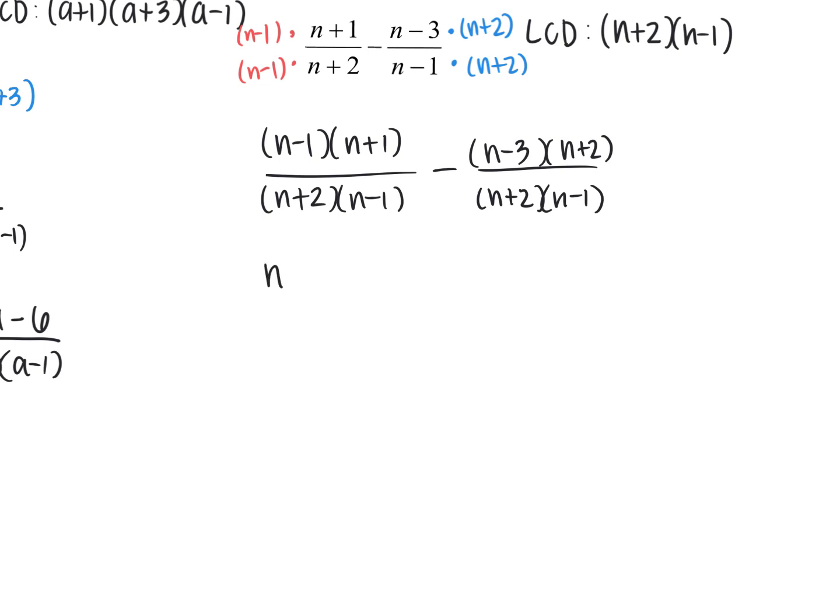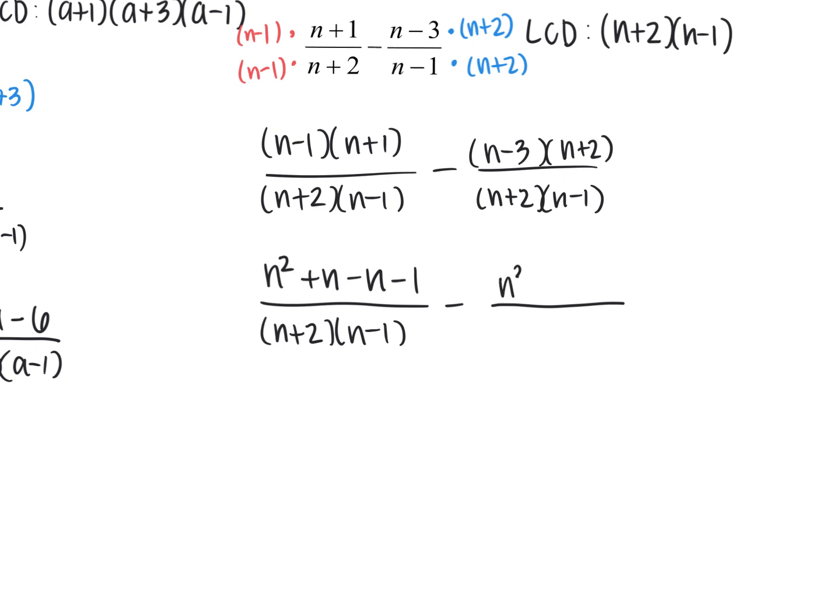So n times n is n squared, n times 1 is n, negative 1 times n is negative n, negative 1 times 1 is negative 1, all over n plus 2, n minus 1, then minus n times n is n squared, n times 2 is 2n, negative 3 times n is negative 3n, then negative 3 times 2 is negative 6, all over n plus 2, n minus 1. Now this one, I have to remember that we're subtracting.